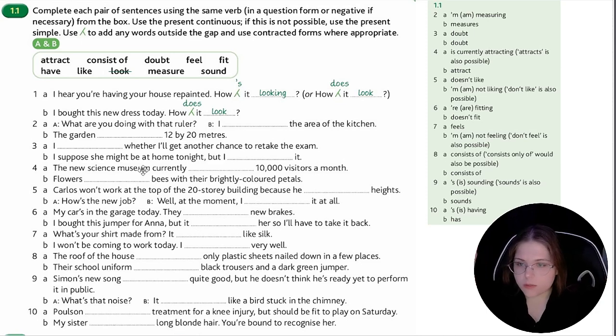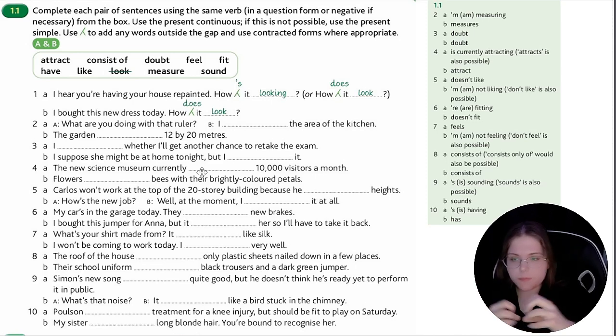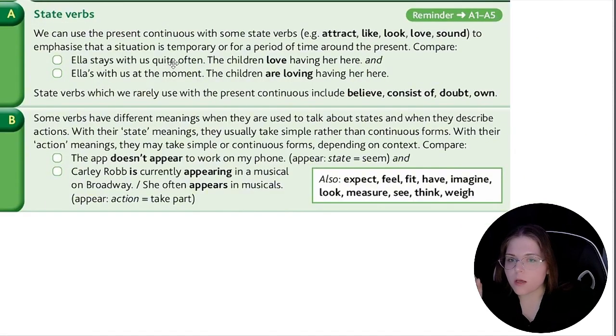The new science museum is currently attracting 10,000 visitors a month. Currently means that this is happening right now, but not at this particular moment, but during this period of time. We talked about that here.